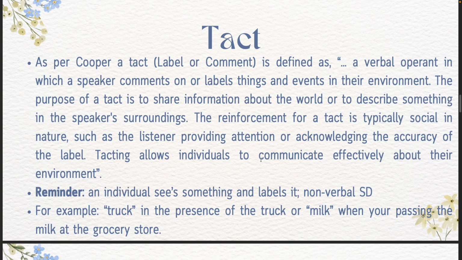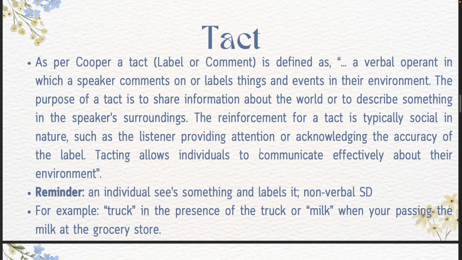So how is a mand different than a tact? Okay, well, for a tact, an individual is actually seeing something and labeling it. There is no MO here, okay? They're simply looking in their environment and labeling what they see, and there's no need for an SD. So we're not having to do anything, we're not having to say anything.